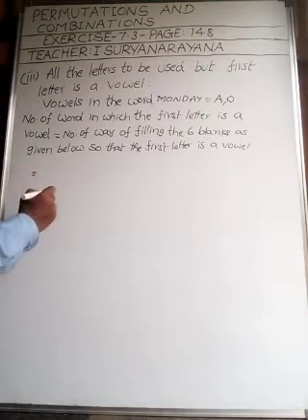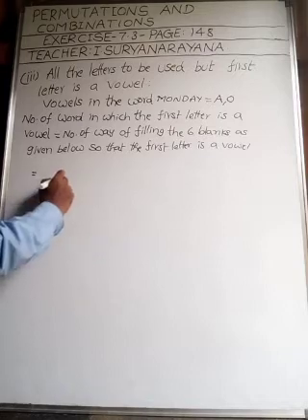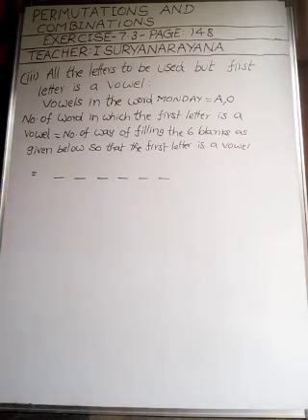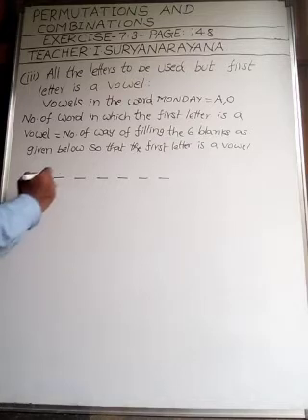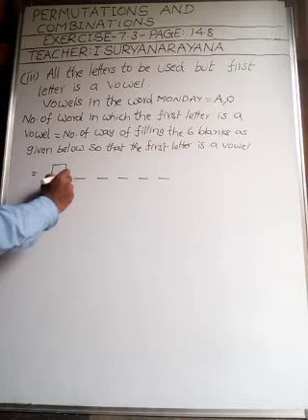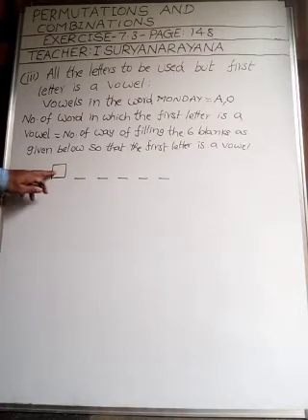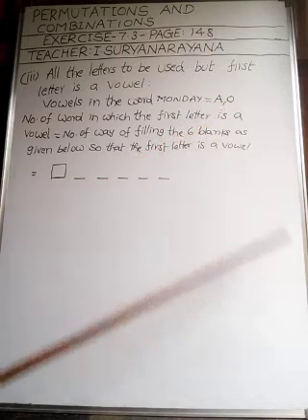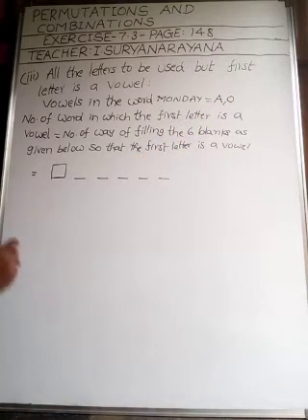That is equal to, let us take 6 blanks. 1, 2, 3, 4, 5, 6. Okay, my children. We first focus on the first blank here. In how many ways can this first blank be filled? Either by this letter A or by this letter O. How many possibilities are there? 2 possibilities. Okay, my children.